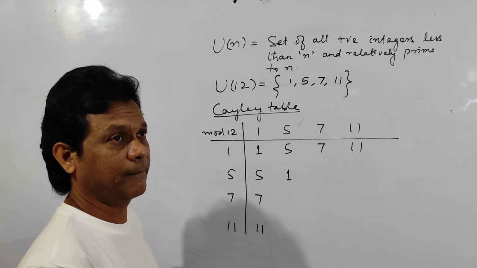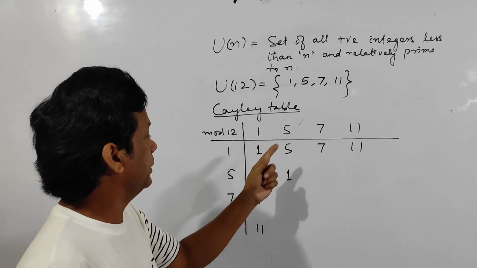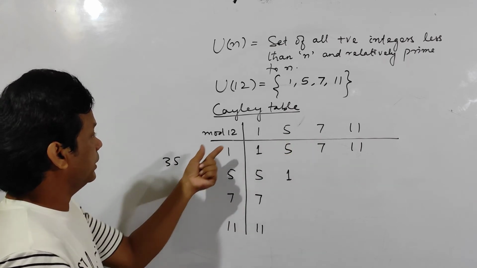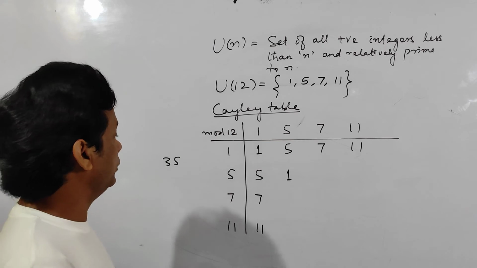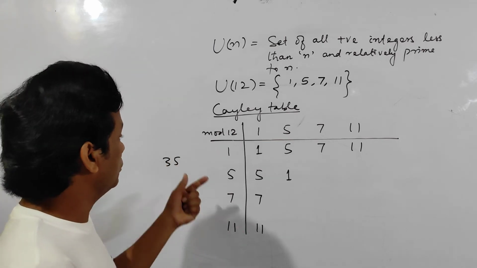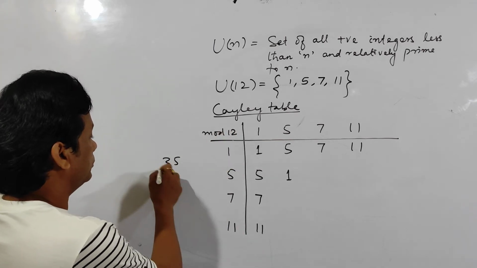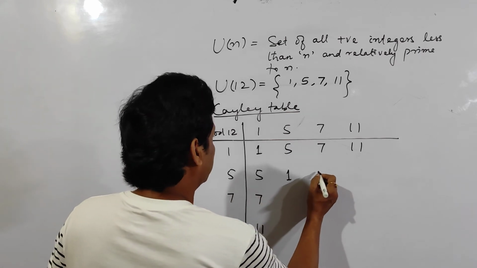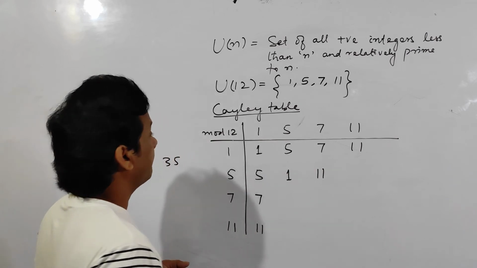Because 12 times 2 is 24, 12 times 3 is 36. So if we subtract 24, what will be the remainder? It will be 11.